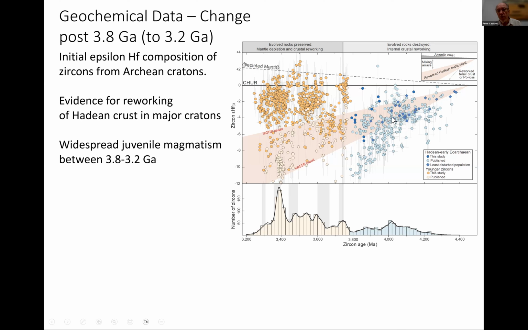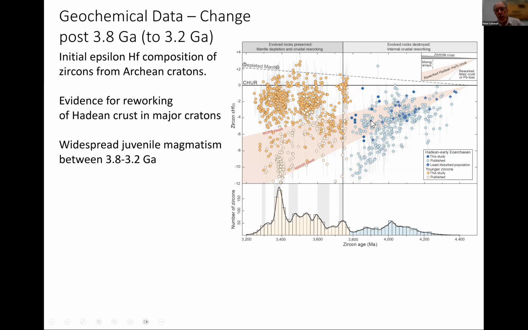So we refer to these as relatively evolved zircons. They all lie on various lines that can be extrapolated back to around 4.4. What that means is that these zircons and the rocks they were in sat in the crust and stewed. They just sat there.